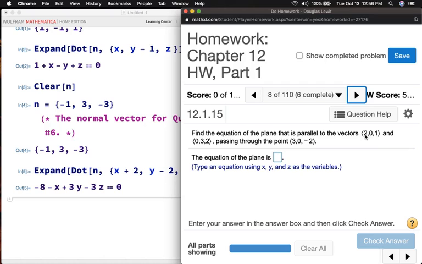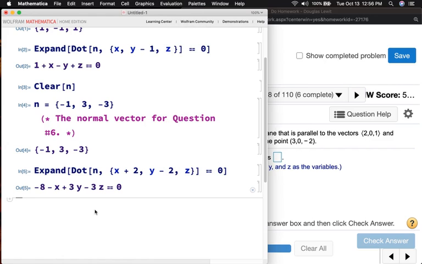If the plane is parallel to these vectors, that means that the normal vector of the plane is going to be orthogonal to these two vectors, which means I need to find the cross product of these two vectors. That should be easy.